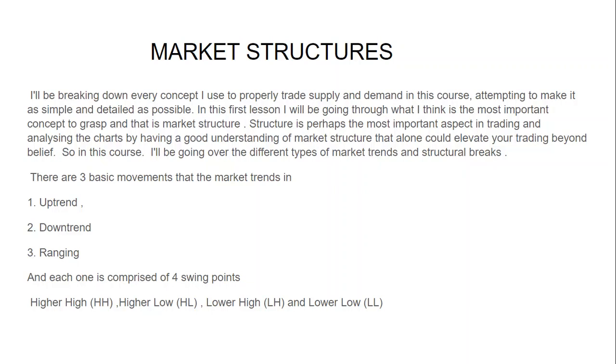I have a lot of examples here to give you a better understanding of what I've just mentioned, which is the uptrend, downtrend, and ranging. And each of these comprises 4 swing points. We have the higher high, higher low, lower high, and lower low.